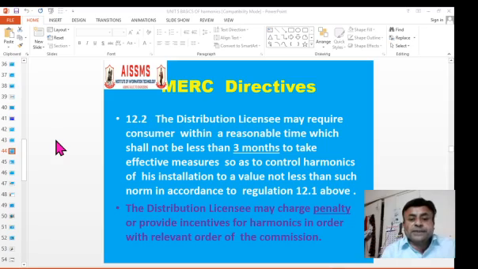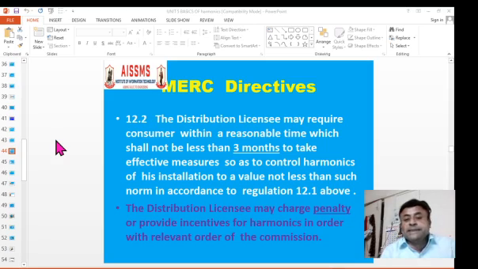Article 12.2 states that the distribution licensee may require the consumer, within a reasonable time which shall not be less than 3 months, to take effective measures so as to control harmonics on his installation to a value not less than such norm in accordance with regulation 12.1 above.